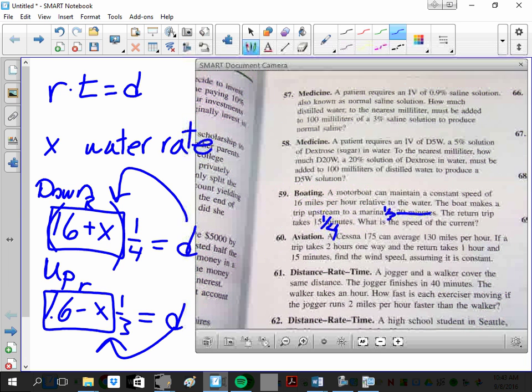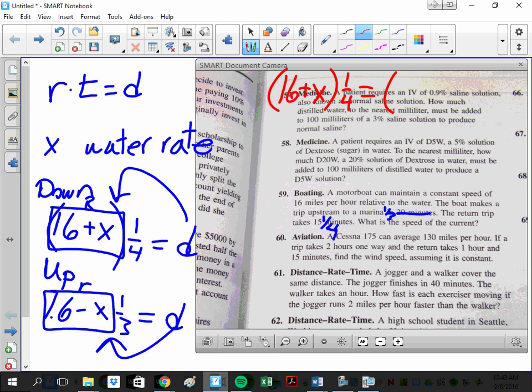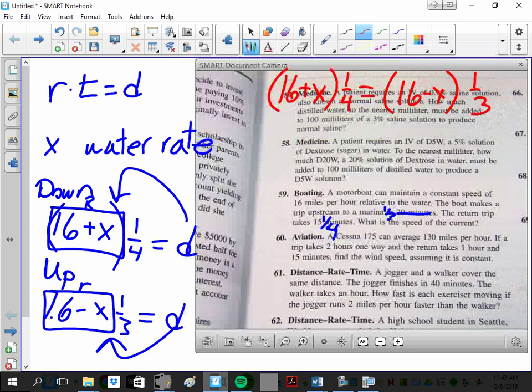So essentially, 16 plus x times 1/4 is equal to 16 minus x times 1/3. I'll let you solve that. But that's what's happening. Another way you could have set it up is you could have added them together, which is probably what they wanted you to do.